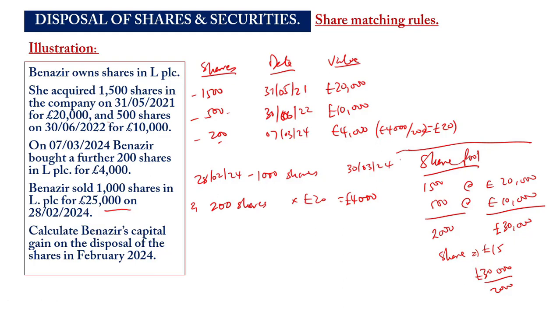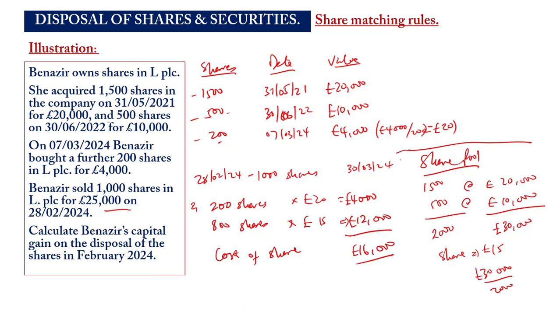Okay, so the 800 shares that are left, we are going to value at 15 pounds per share. How much would that give us? So that will give us 12,000. So the total cost of these shares is going to give us 16,000.